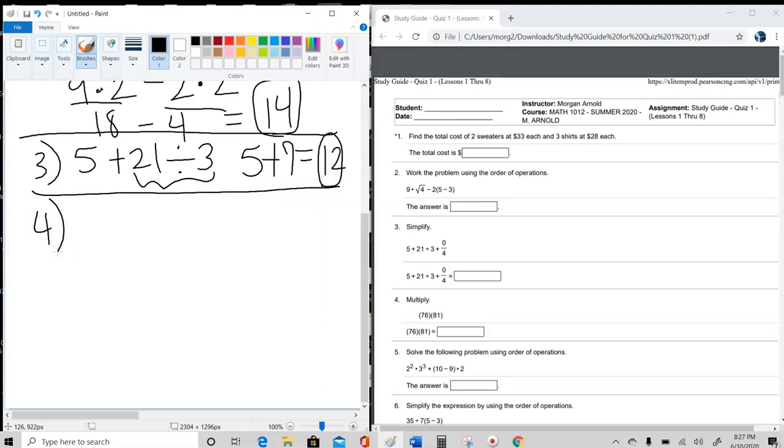Question 4, multiply. Now, if this is a show work question on your quiz, then you must show each line of multiplication, like I'm doing here.